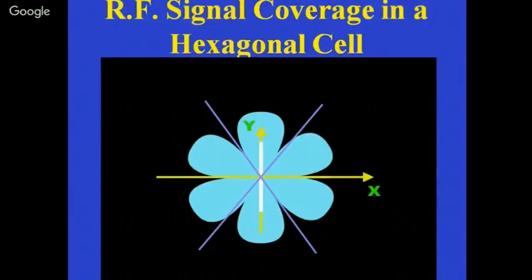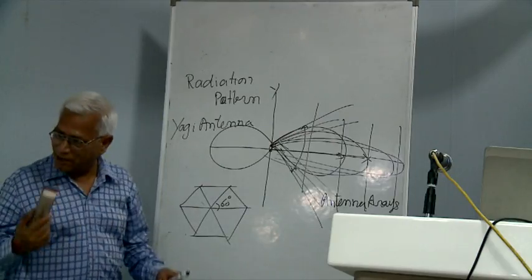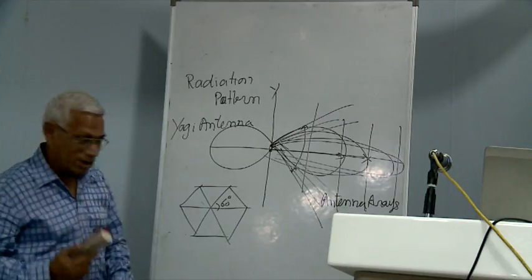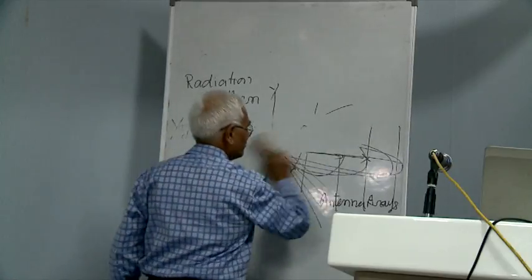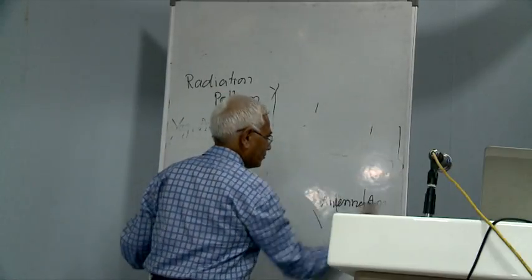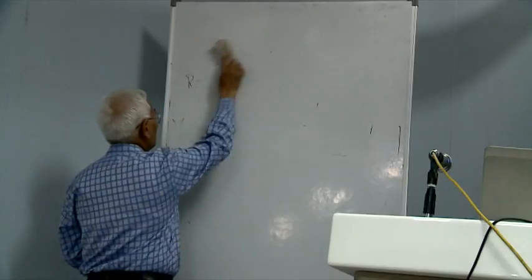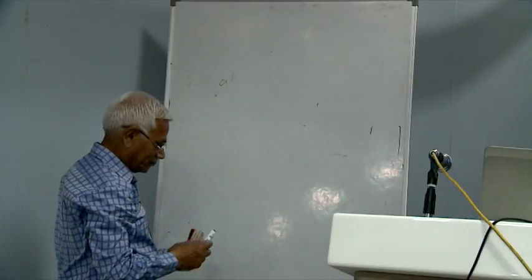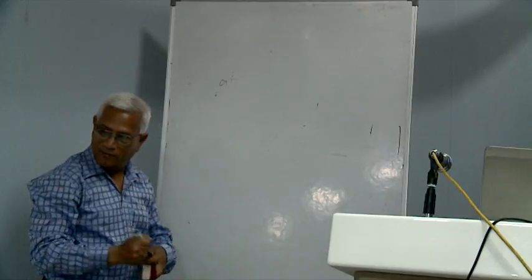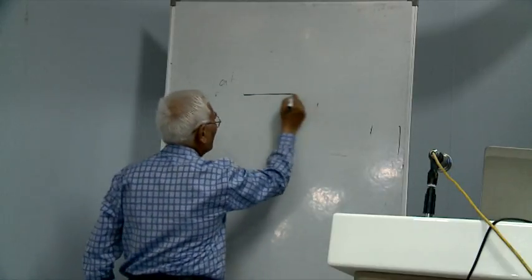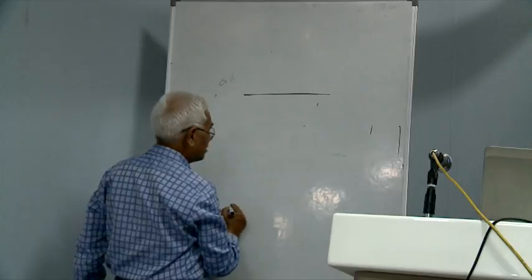So this is the pattern that was made by a graphic artist, not by me. I will make it. It may not be the same, but it shows how the coverage is done. I will make a bigger figure so that you can see it easily.